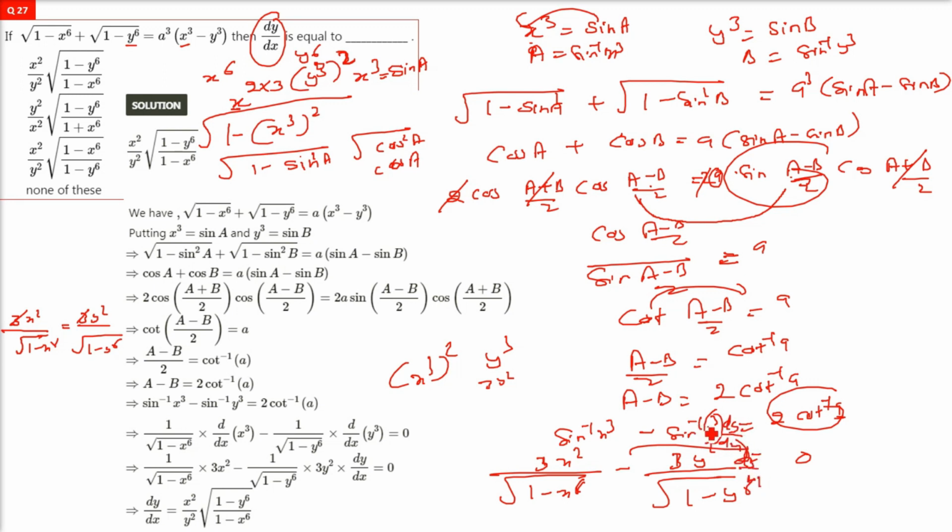One thing is remaining, so I am now introducing this dy by dx here. So dy by dx will be with the y. Now take everything on one side, dy by dx on one side. So what do you get? Under root 1 minus y to the power 6, under root 1 minus x to the power 6. Then you have x square and y square, so x square by y square it will be. So this is your final answer.